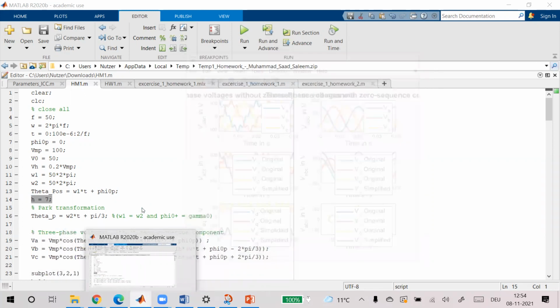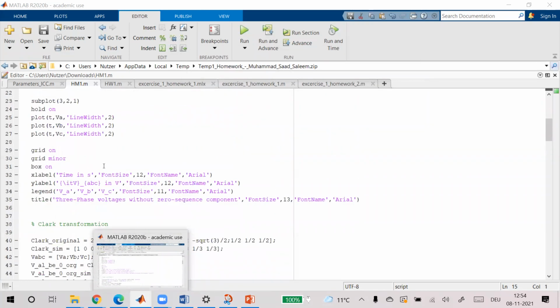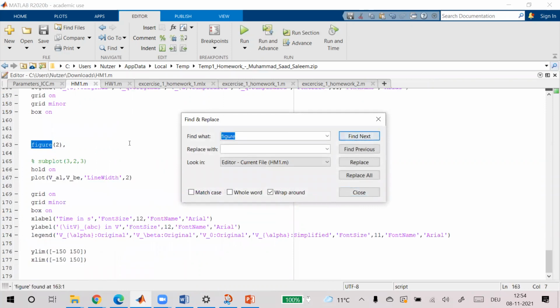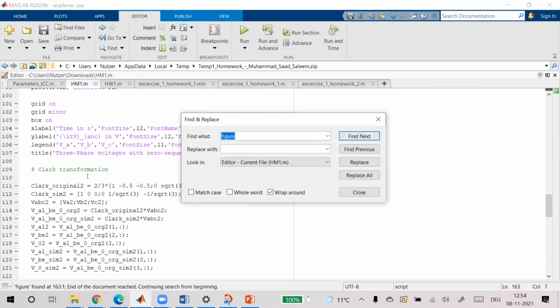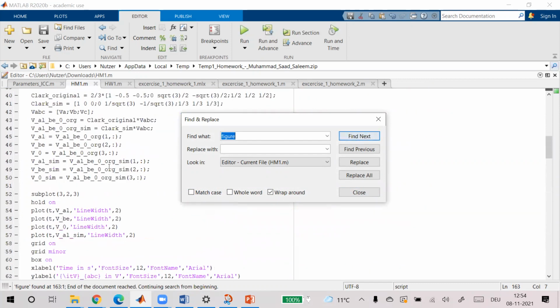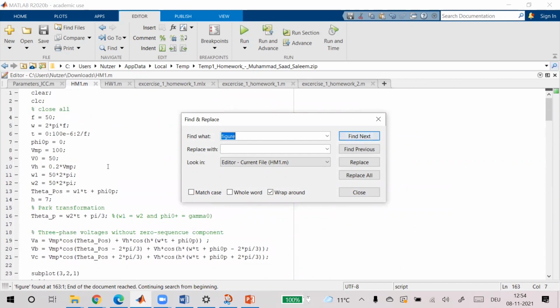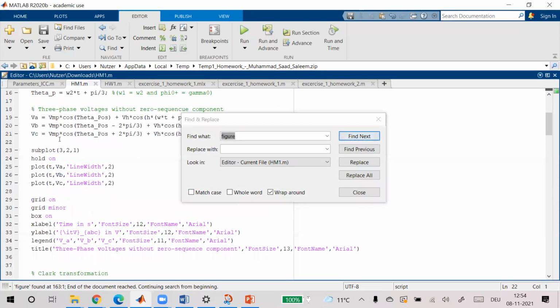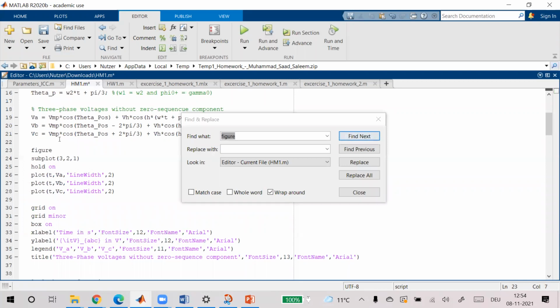Whenever you make graphs like this, I would suggest one thing. You have not written figure here, right? For the subplot. Whenever you make a graph, try to write figure and give some name.